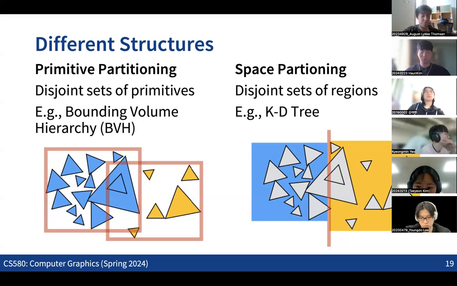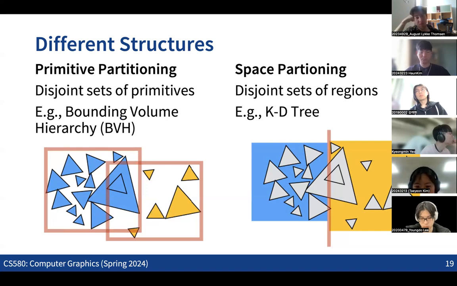So there are lots of cases where you shoot the ray and find an intersection with one of the children nodes in the bounding volume hierarchy, but there is a chance that the ray will intersect primitives that are not included in the left set, but in the right set.